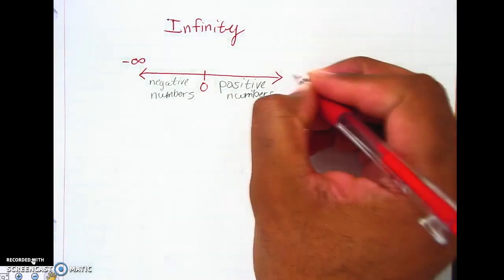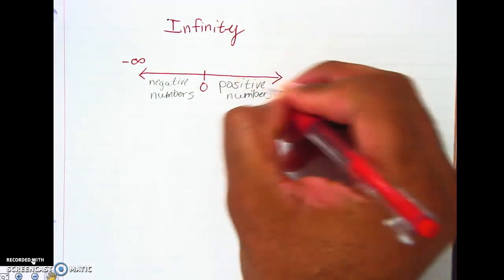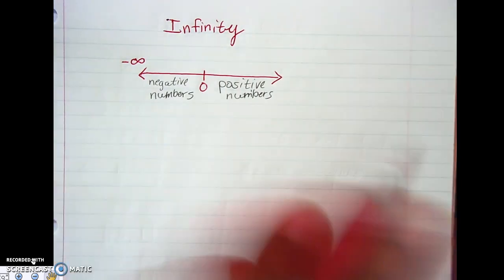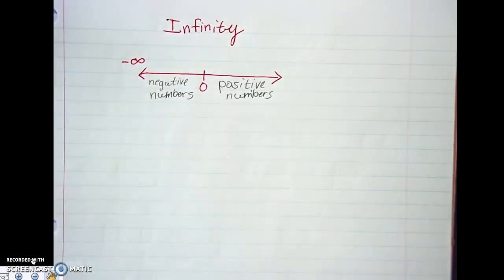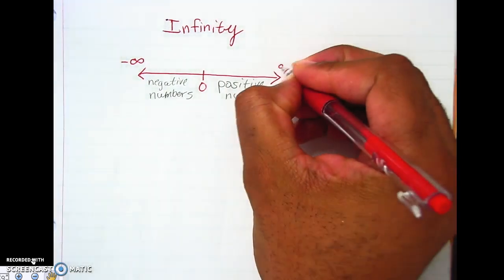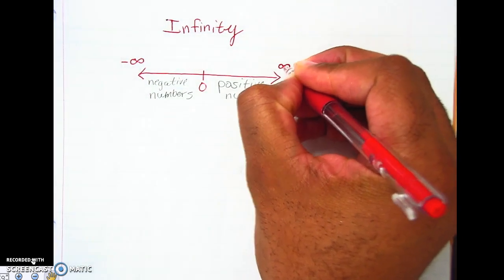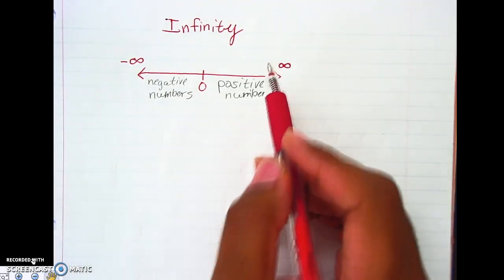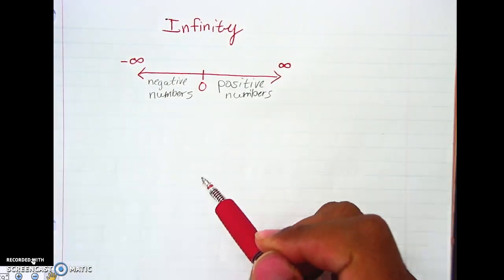Then on the other side, again, it's all the positive numbers. If we go on forever and ever and get to the very end of the number line, it's considered positive infinity. So negative numbers have negative infinity, positive numbers have positive infinity.